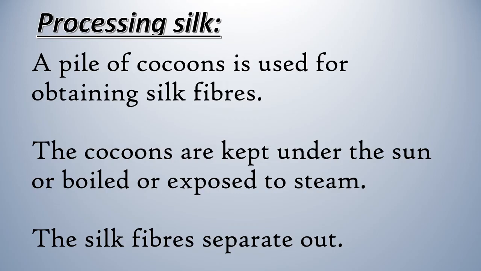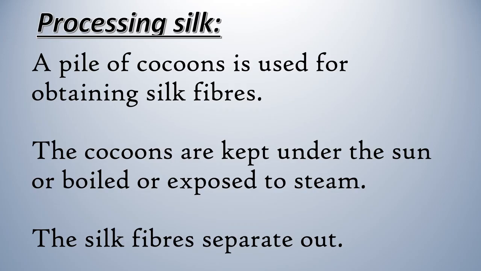After that, there comes processing silk. A pile of cocoons is used for obtaining silk fibers. The cocoons are kept under the sun or boiled or exposed to steam.